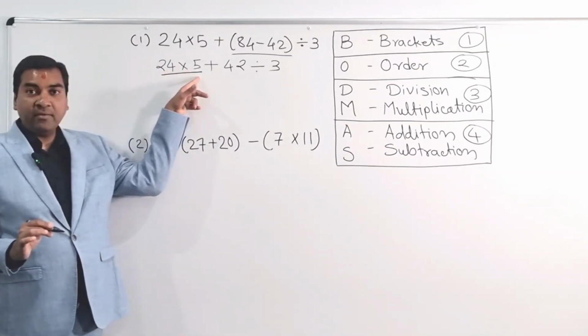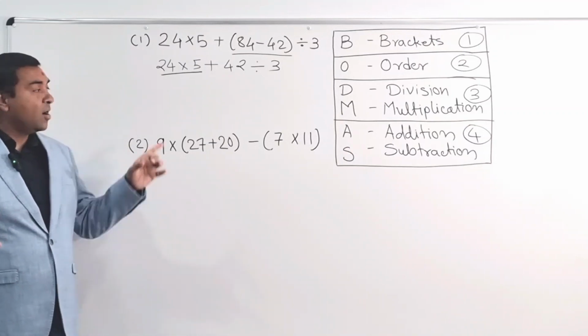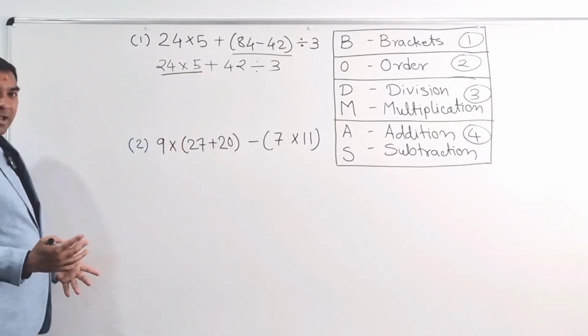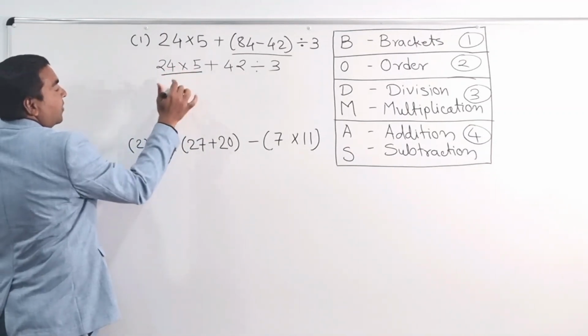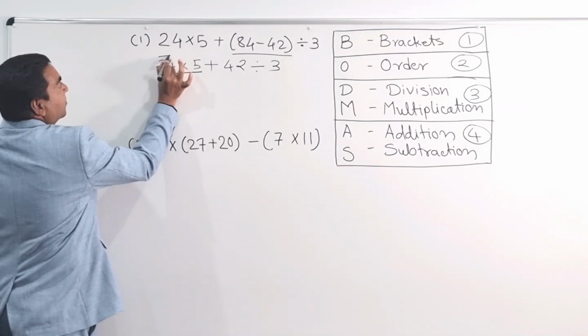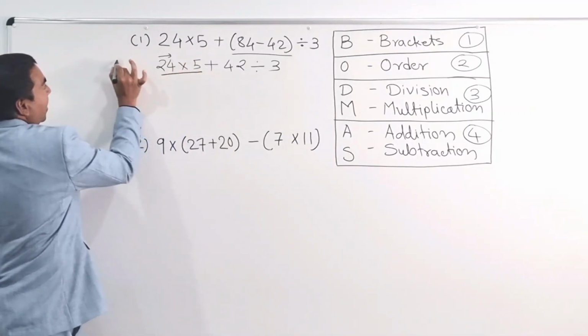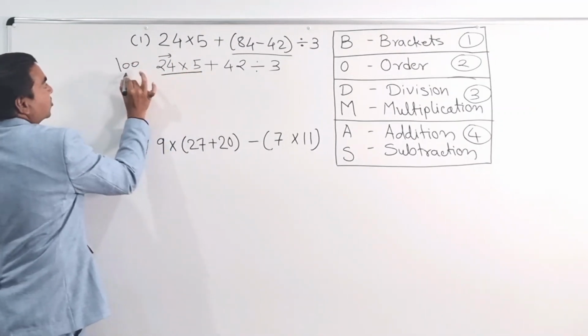24 times 5. Now guys, if you really want to learn, I can teach you a cool trick of multiplying. So 24 times 5, you can do in a conventional way, but if you want to do it in a faster way, you can go from left to right, guys. So 20 times 5 is 100. And then 4 left. So 4 times 5 is 20.